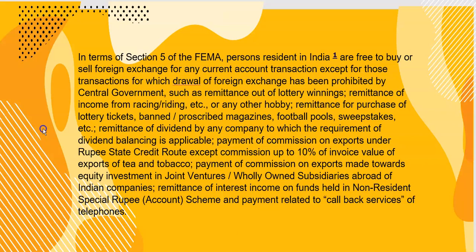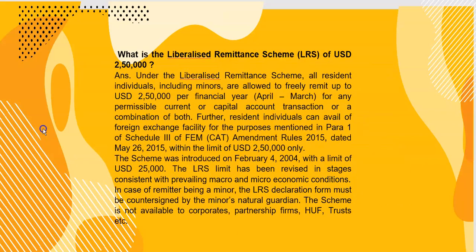Beyond that, it is not allowed. Also prohibited are payment of commission on exports made towards equity investment in joint ventures, wholly owned subsidiaries abroad of Indian companies, remittance of interest income on funds held in NRE and non-resident special rupee account schemes, and payment related to callback services of telephones, right? This is prohibited.